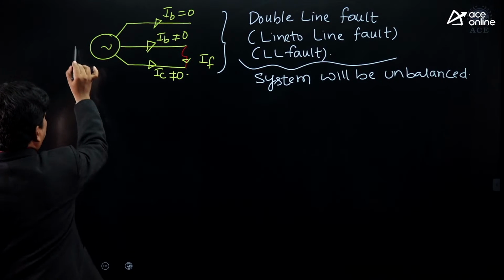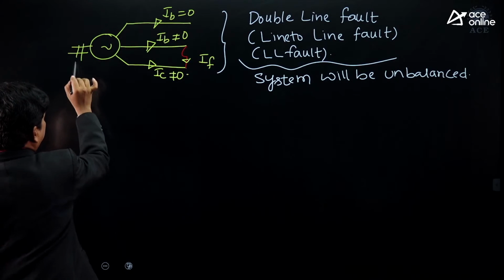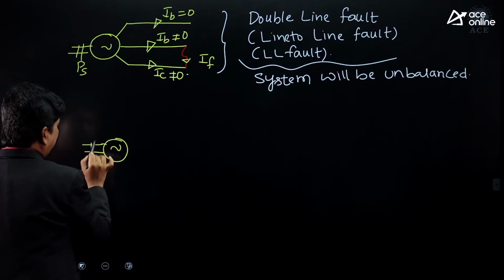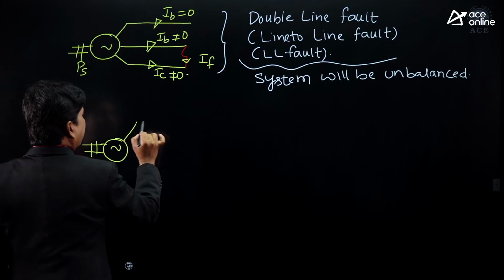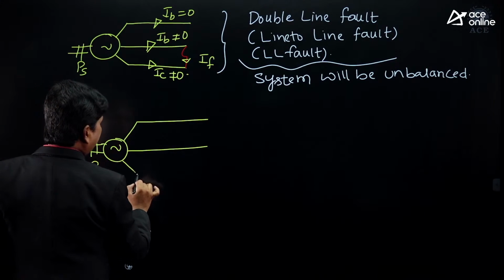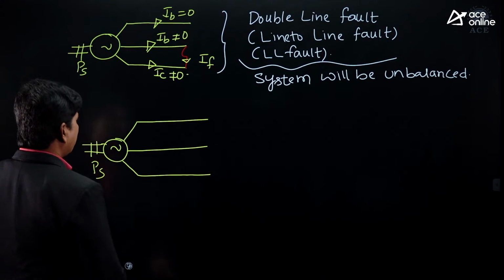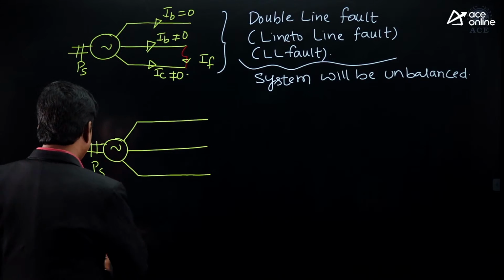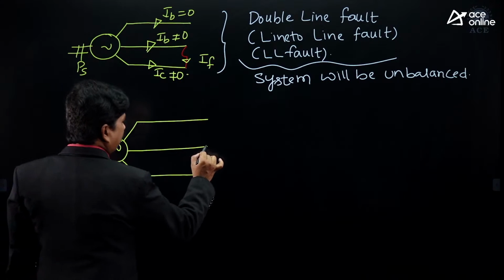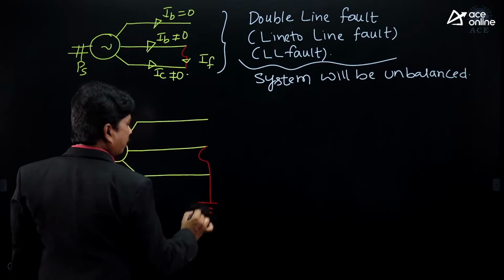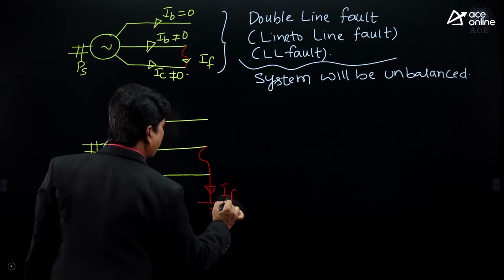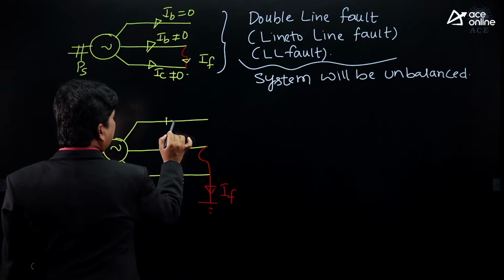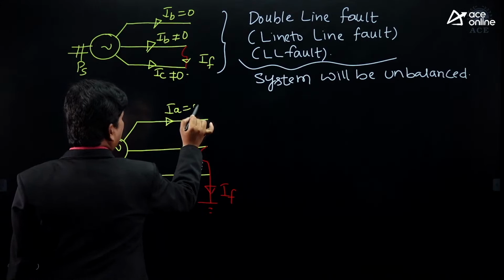Suppose you are having the generator with constant mechanical input PS, and this is phase A, phase B and phase C. Before the fault occurs in the system, all the three currents are 0, but whenever the fault occurs, these two are grounded, so the fault current is flowing in that zone.